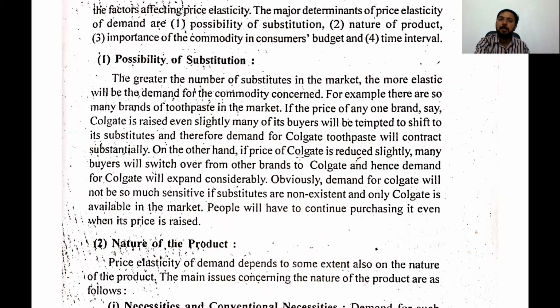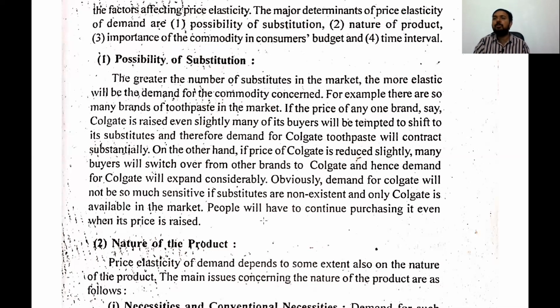On the other hand, if the price of Colgate is reduced slightly, many buyers will switch over from other brands to Colgate, and hence demand for Colgate will expand considerably. Obviously, demand for Colgate will not be so sensitive if substitutes do not exist and only Colgate is available in the market. People will have to continue purchasing it even when its price is raised.